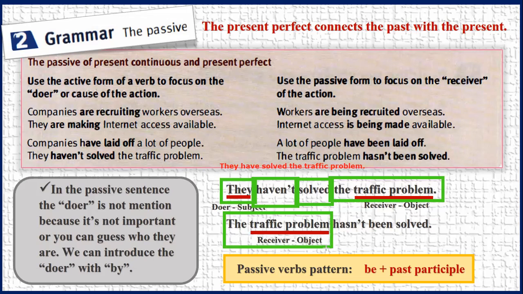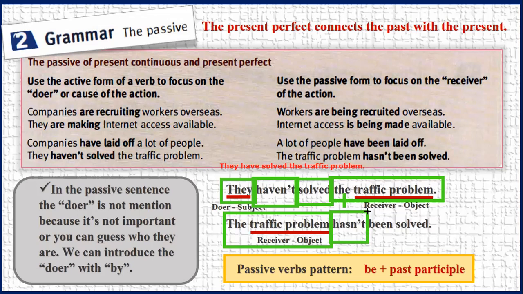Now, it's not haven't, right? Traffic problem is singular, so we have to change to hasn't. Okay, everybody? Hasn't. It's negative.